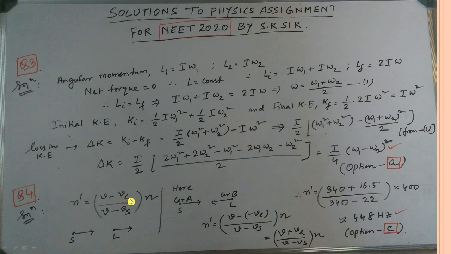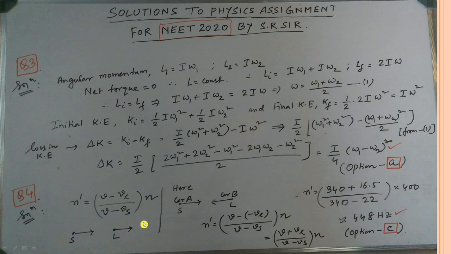Now if the listener is moving, then it has a velocity vl. If the source is moving, it has a velocity vs. So this is the formula: n prime equals (v minus vl) by (v minus vs) into n, where v is the velocity of sound.